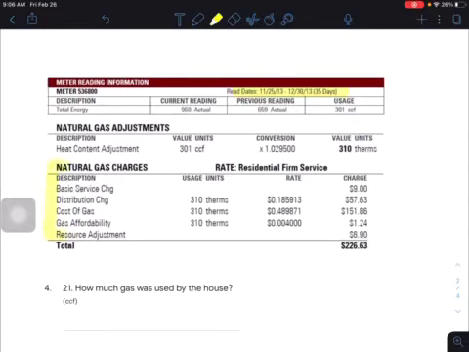A basic description of the gas charges in this case, not electric charges, but gas charges, what you get charged for. And then here you've got how much the costs are. You've got some information up here as far as how much was used, as well as up here the readings, the actual readings on the meter and the usage.